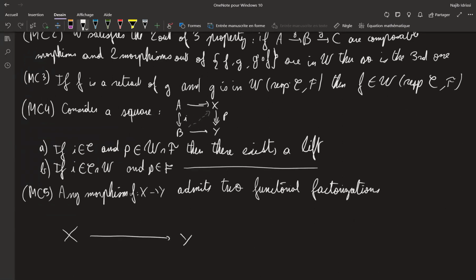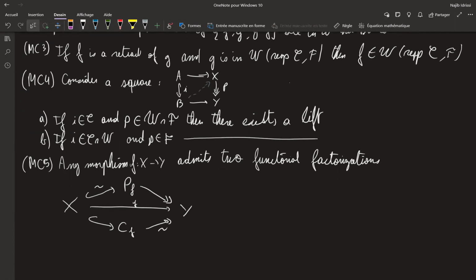So you can either factor it as a cofibration followed by a fibration which is a weak equivalence, or you can factor it as a cofibration which is a weak equivalence, followed by a fibration.